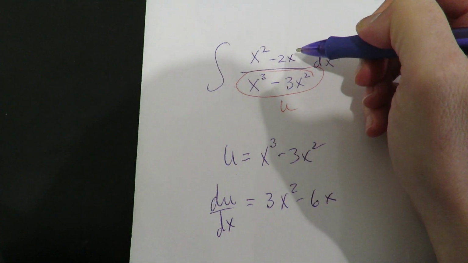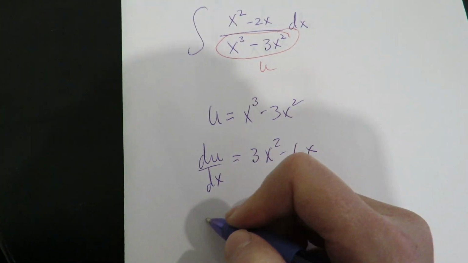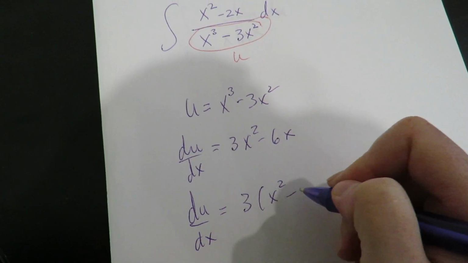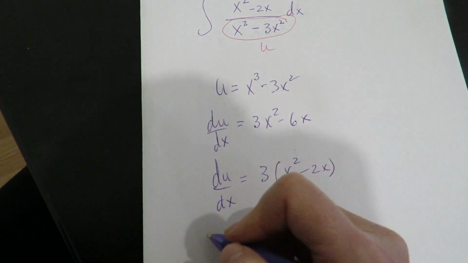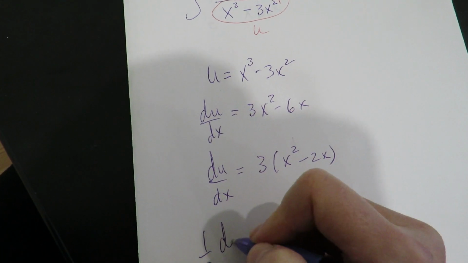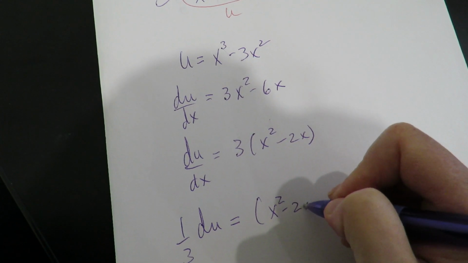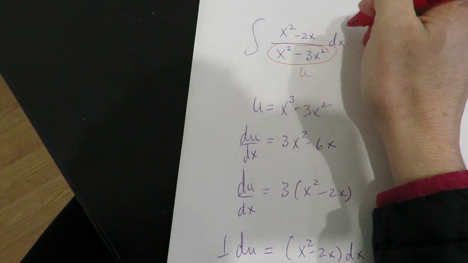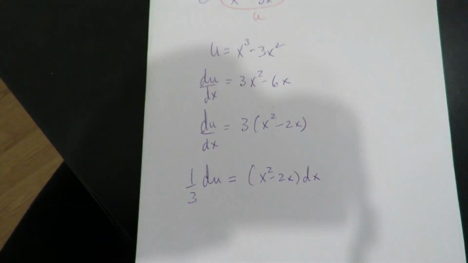Now I'm comparing it to what's here, and I'm off by a multiplier of 3. So I'm going to factor out a 3, so that this and this match. When I move things around, notice I'm pulling the 3 to the left. I'm dividing it off, so that I can do an even trade. So this thing here is a 1/3 du.